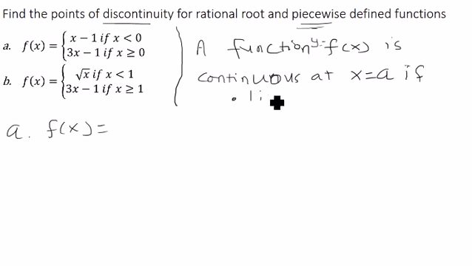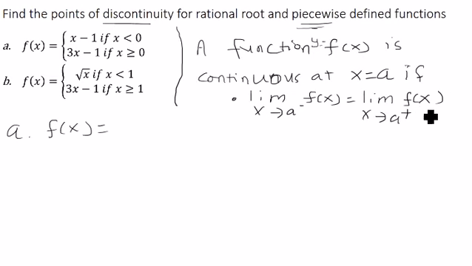The first one is the limit as x goes to a minus of f of x equals the limit as x goes to a plus of f of x. So this is the left hand limit equals the right hand limit.